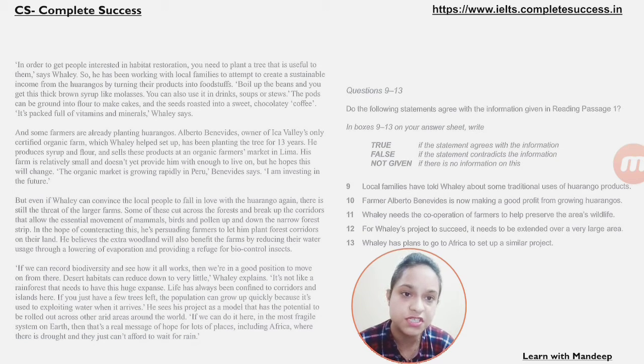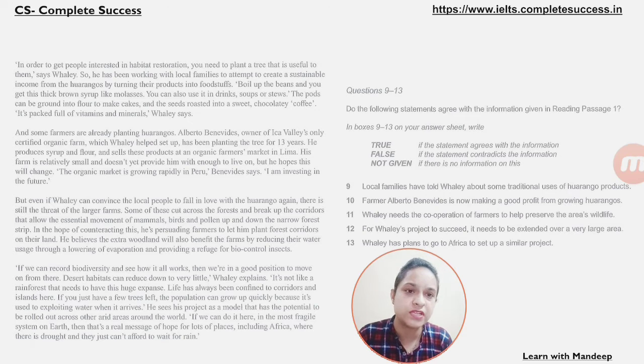He sees his project as a model that has the potential to be rolled out across other arid areas around the world. It means he thinks that his project, what he has done, is a model he can use in other parts. Obviously his project is successful, which is why he is thinking of it as a model to implement at other places.